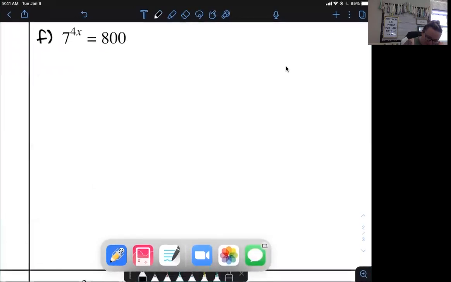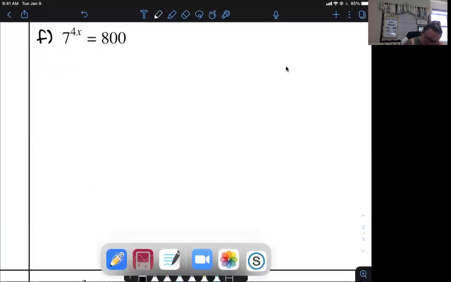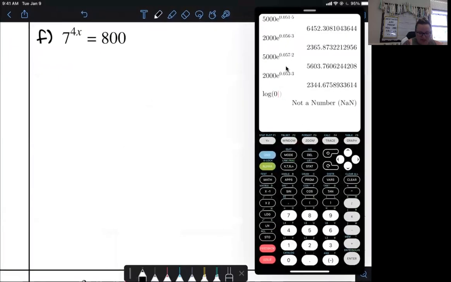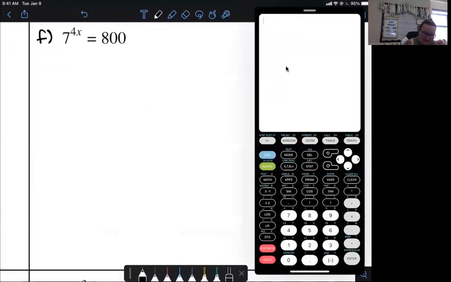So now we're going to ask ourselves, can we rewrite 800 as a power of 7? If I take 7 to the 2nd, I'm going to get 49. If I take it to the 3rd, I get 343.